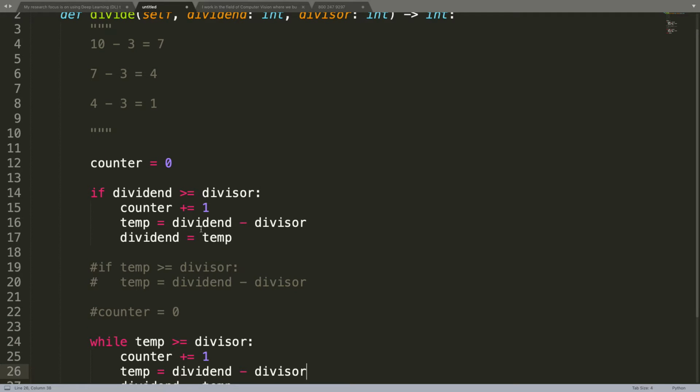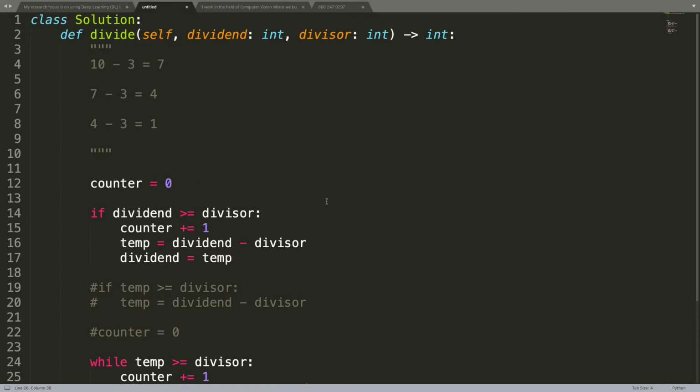My dividend is 10. I'm using a scratch paper to document that. My divisor is 3. My counter is 0. Trying to check. If dividends, that's 10, greater than or equals to 3.